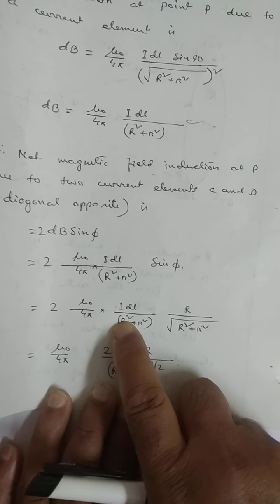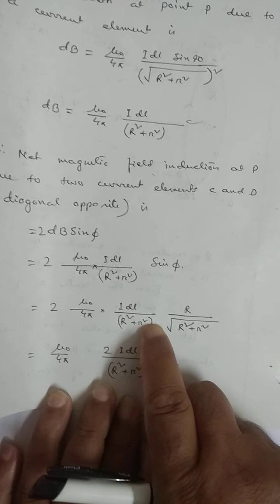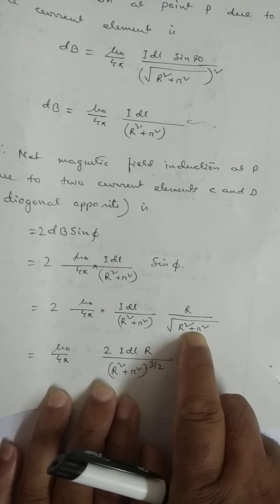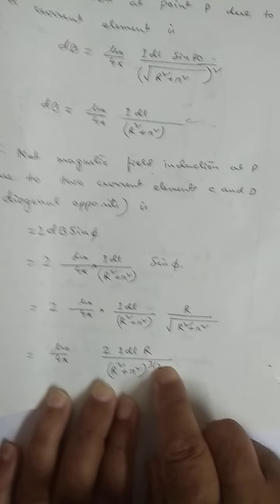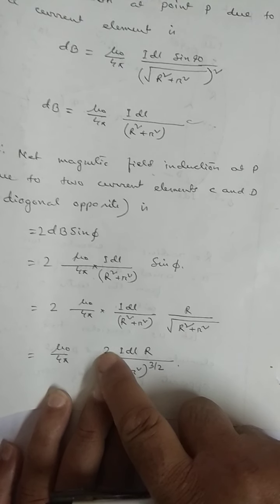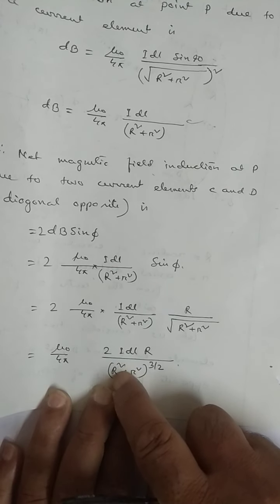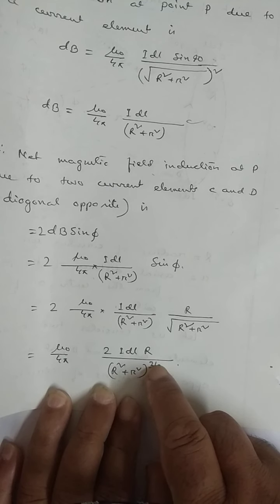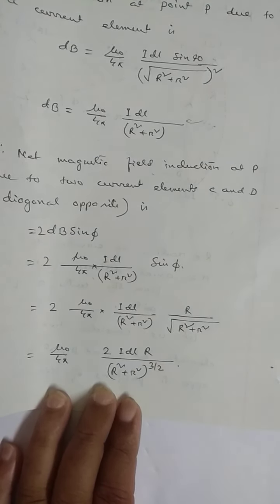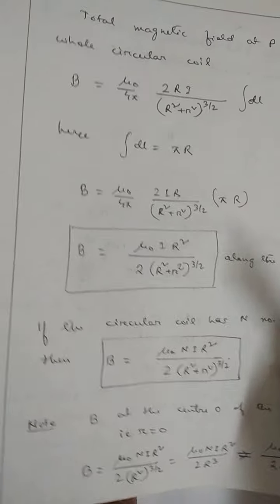So it is mu 0 by 4 pi, twice I dl capital R divided by R square plus small r square whole to the power 3 by 2. Is it clear? So this is the net magnetic field induction at P due to two diagonally opposite current elements.